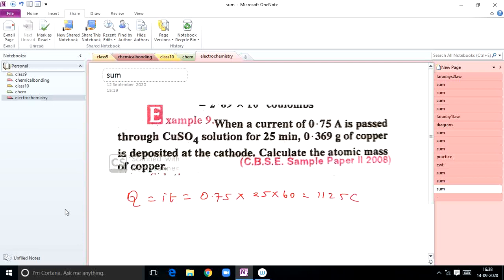So here, according to the equation Cu2+ + 2 electrons gives rise to Cu, quantity of electricity is 2 into 96,500 coulombs, which will deposit 63.5 grams of copper. That is 1 mole of copper.